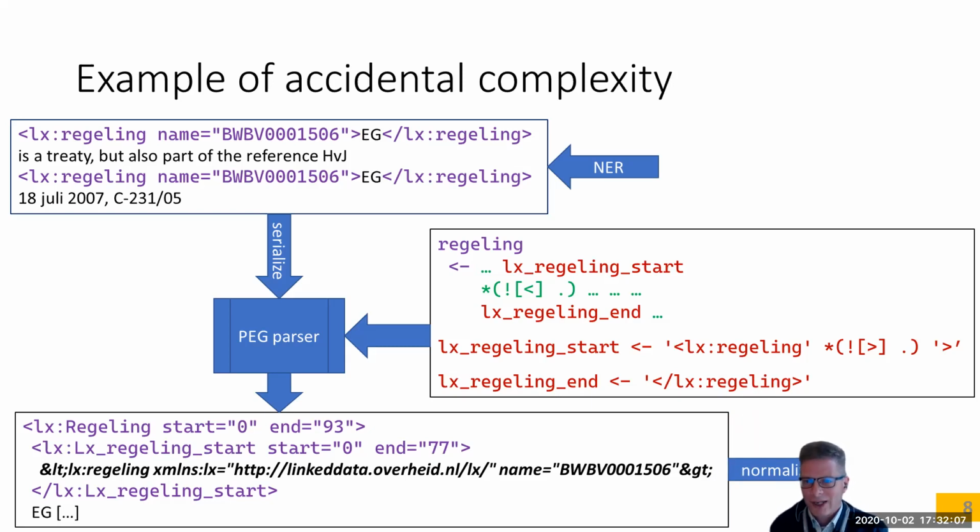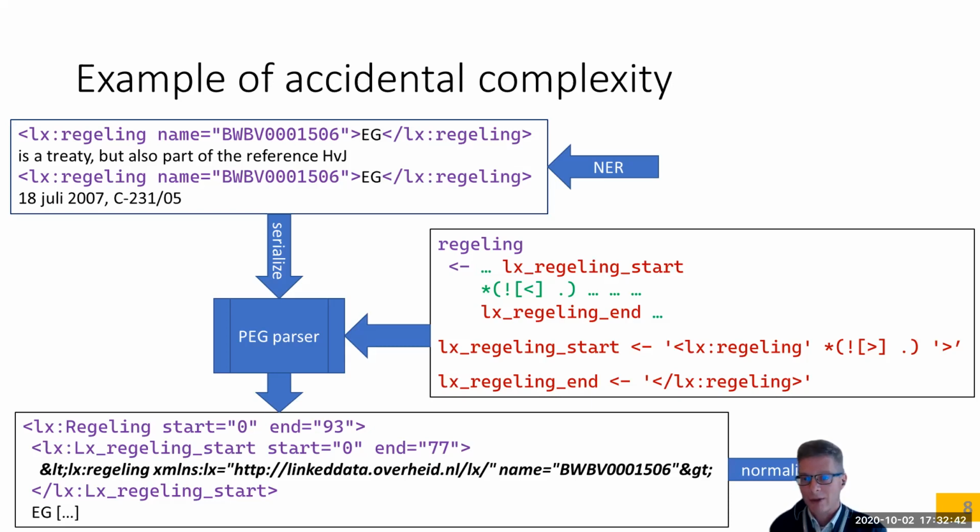Now, of course, an XML parser is not really part of how to recognize a reference to regulations. And since the grammars have to be maintainable by domain experts who know all about how references are made in text, we have a problem here because we've added complexity, accidental complexity, which is there not because of the recognition task, but because of a specific technical solution that we had to choose.